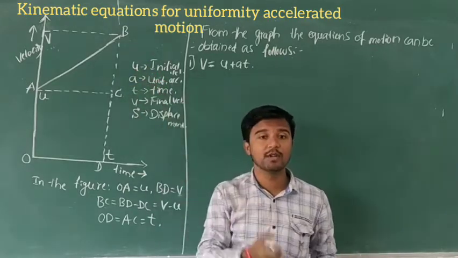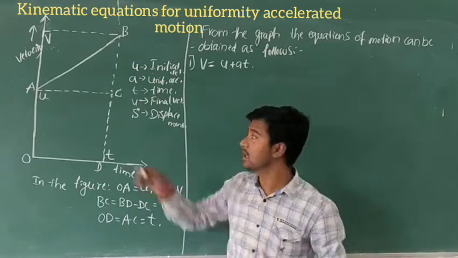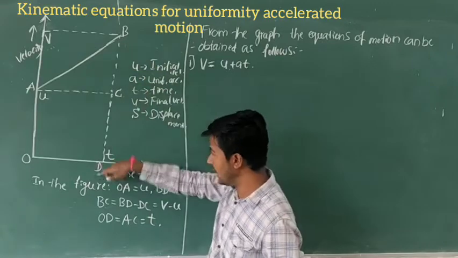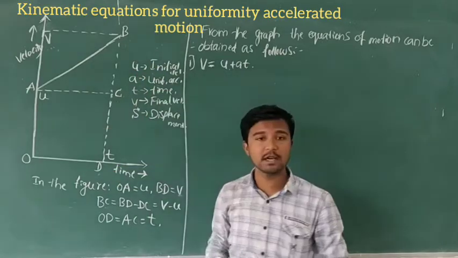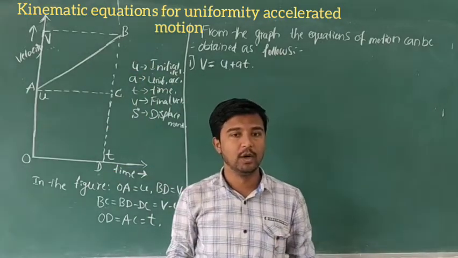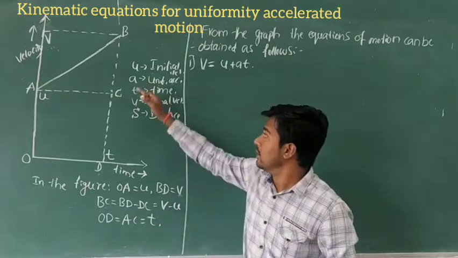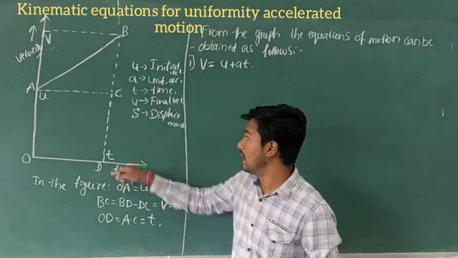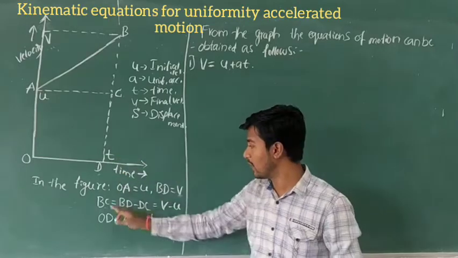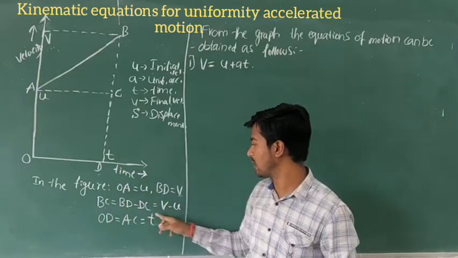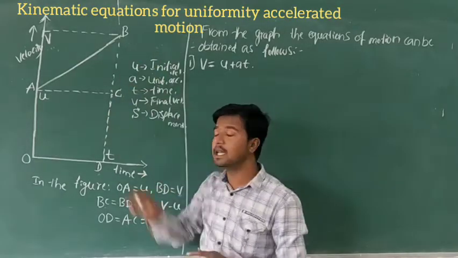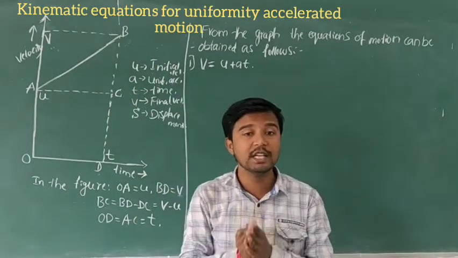The change of velocity is BD minus BC. Here BC stands for a change in velocity.